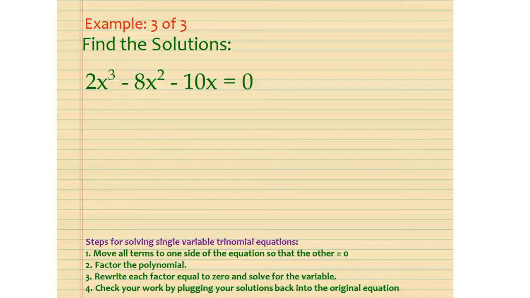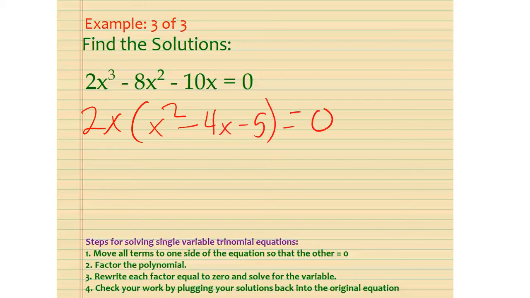Now, what's the first thing we always look for when we're factoring? Right, the GCF. Is there a GCF? There certainly is. So I'm going to factor out 2x and divide each term by 2x, and I will get x squared minus 4x minus 5. Did I do that correctly?